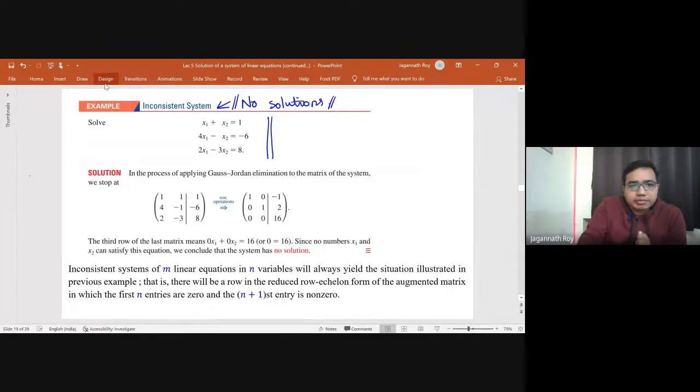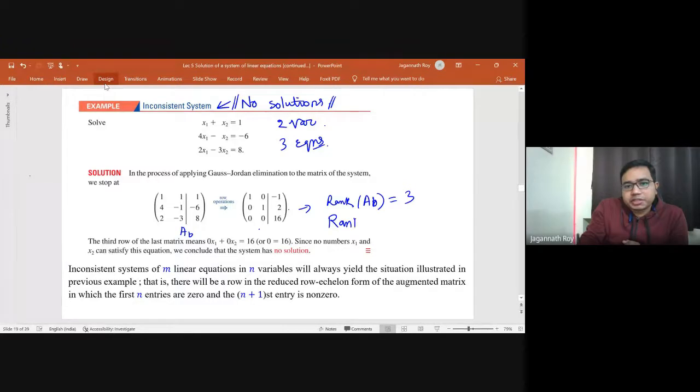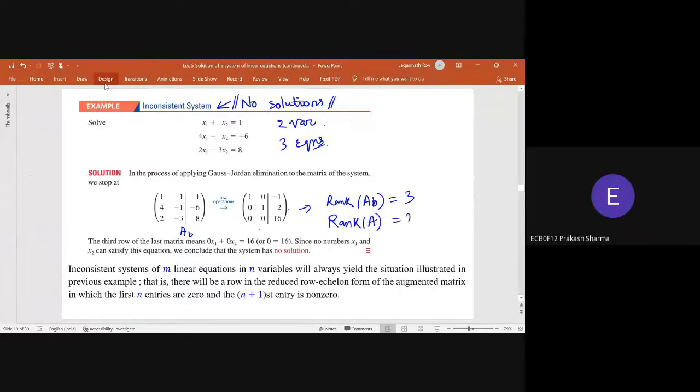If we have a system of linear equations of this form, with two variables and 3 equations, and we try to find the augmented matrix, this reduced matrix, the rank of AB, what is it? 3. How about the rank of the coefficient matrix? 2. It is 2.